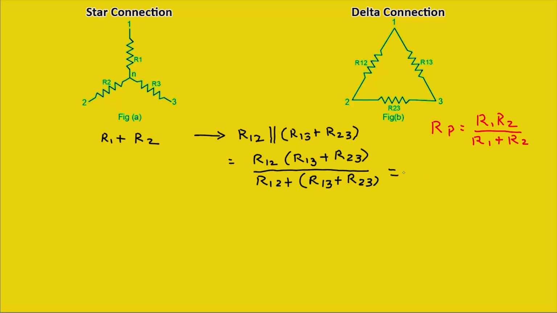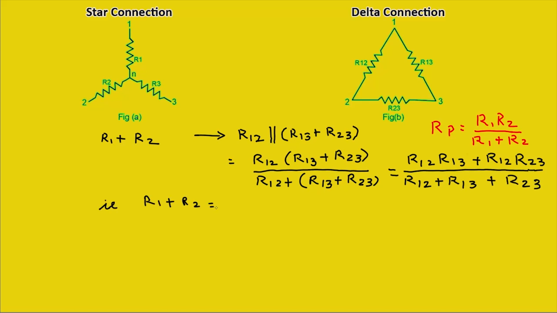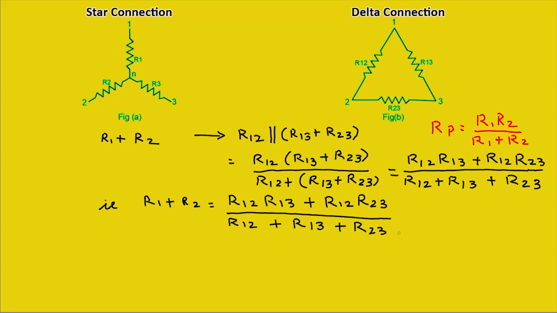That is equal to R12 R13 plus R12 R23 divided by R12 plus R13 plus R23. That is, R1 plus R2 is equal to R12 R13 plus R12 R23 divided by R12 plus R13 plus R23.